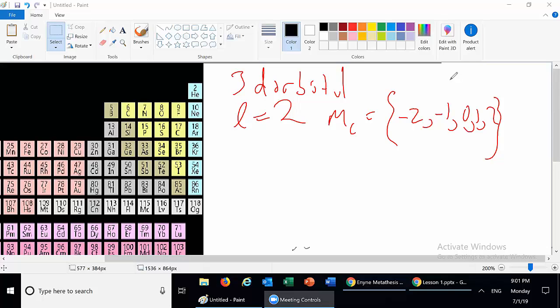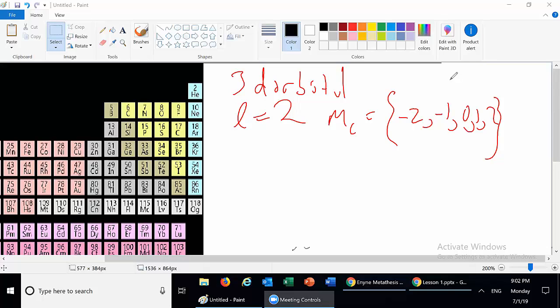So these orbitals don't appear at the same time, right? They wouldn't be at the same time, right? No, they're all distinct orbitals that can be filled simultaneously.